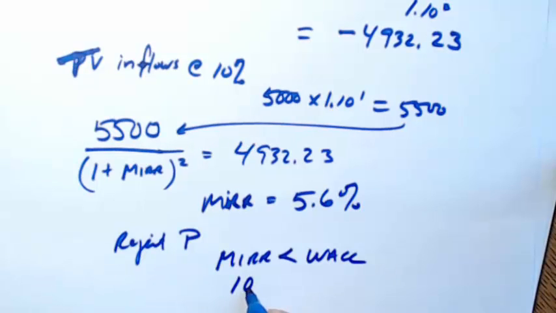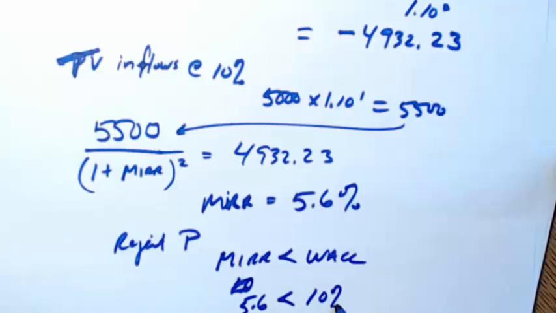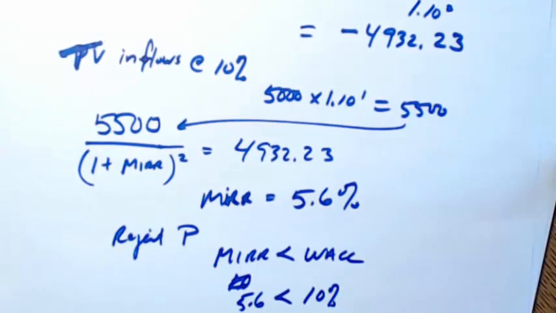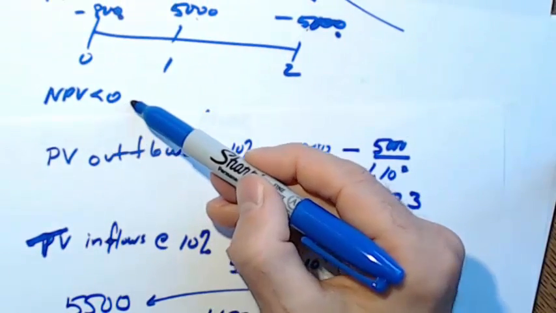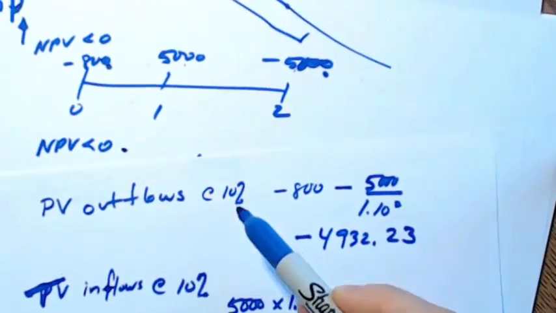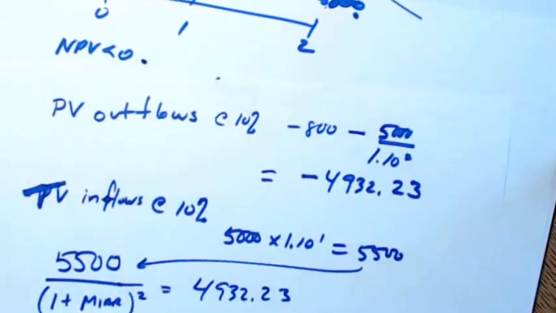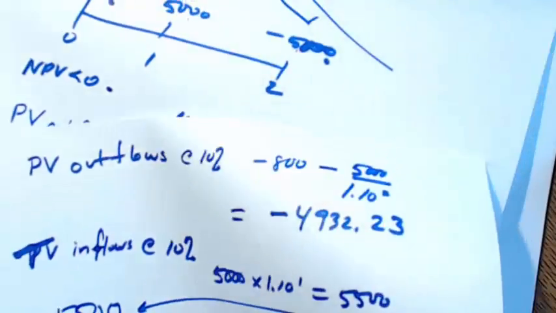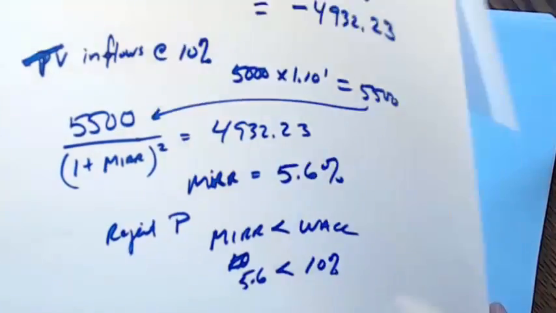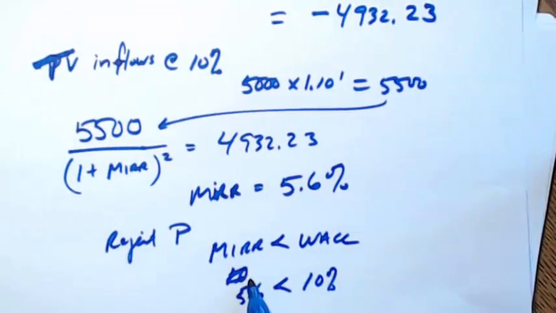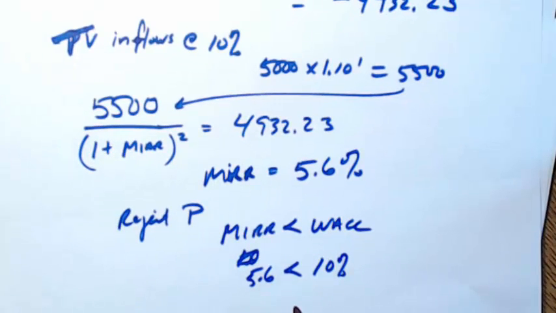This is 5.6%, which is less than the 10%. We already knew the answer. We knew the answer because the net present value was less than zero. It was minus $386 we computed a little while ago. But the modified internal rate of return is giving us a consistent answer here, consistent with net present value.